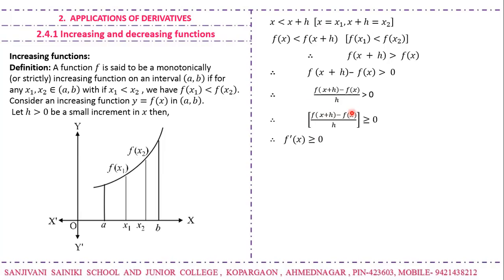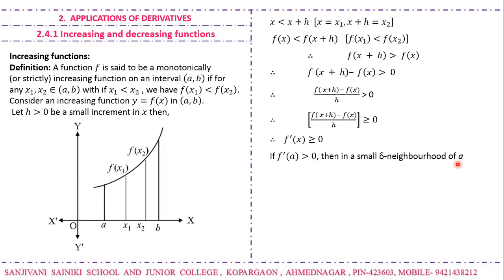If you take the limit as h tends to 0, the limit of this expression is f dash of x, and the limit of 0 is 0. Taking the limit as h tends to 0 is nothing but the definition of the derivative, the first principle. So f dash of x is greater than or equal to 0. That is, f dash at a is greater than 0 in a small delta neighborhood of a.